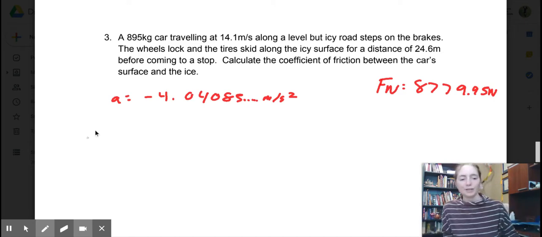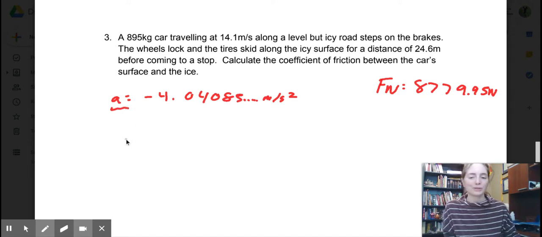So the next piece that we are going to be looking at now is how to use our acceleration. Keep in mind that from all of our previous work, our F net equaled our negative force of friction. Well, we have acceleration now, so we are able to get our F net. And ladies and gentlemen, F net equals ma.